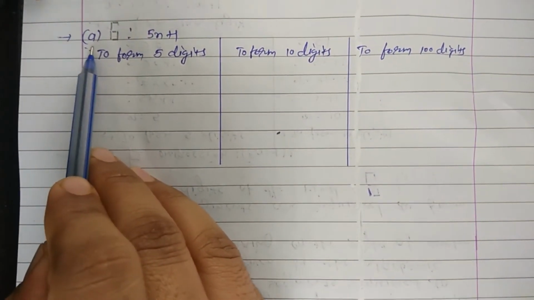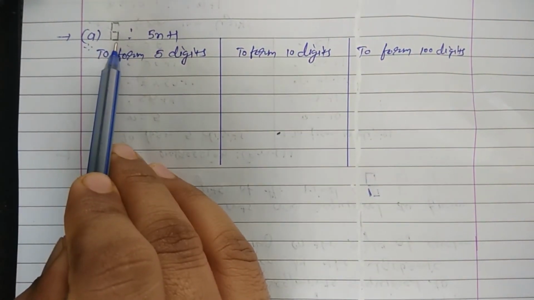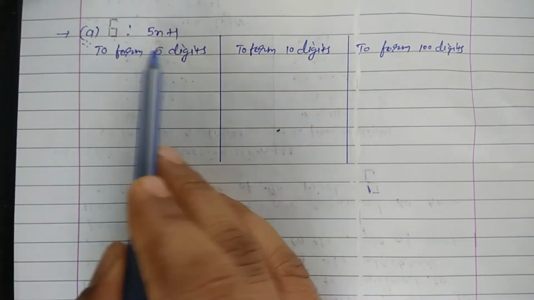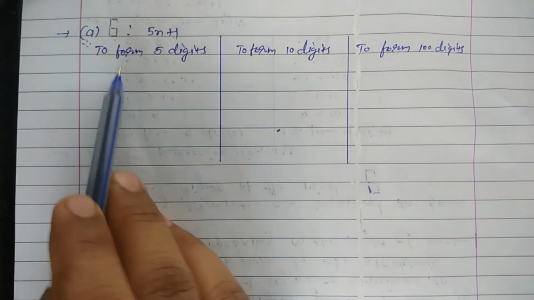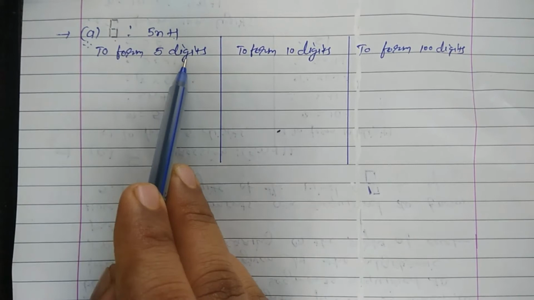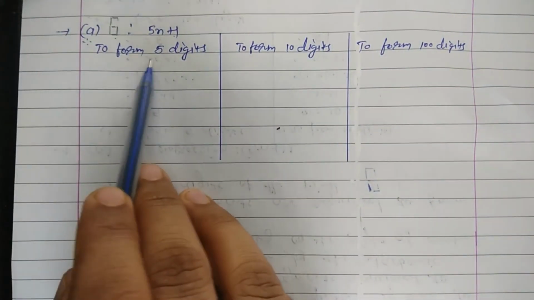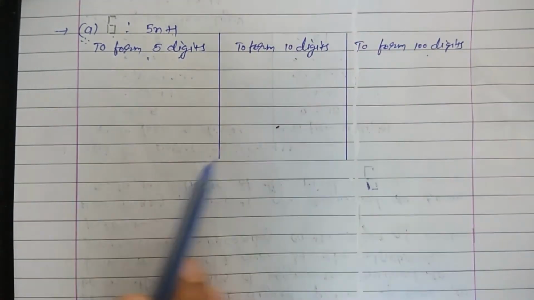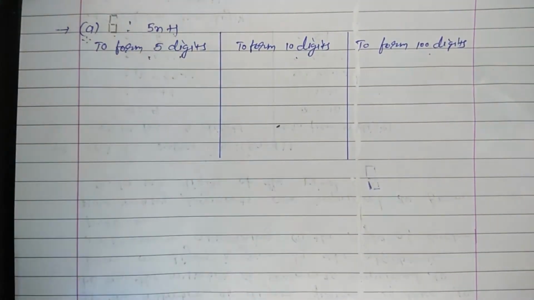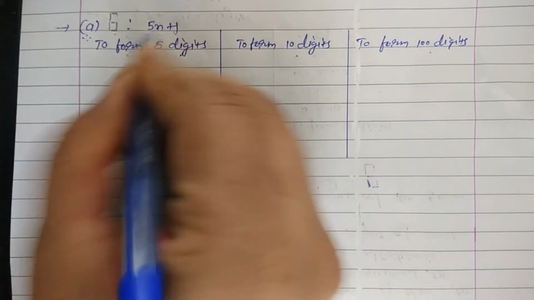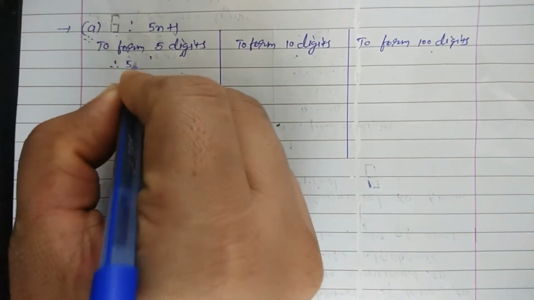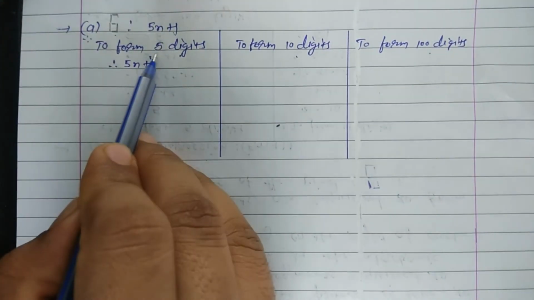Here in A, we have to find for digit 6. The expression is given, 5n plus 1, and we have to form 5 digits.